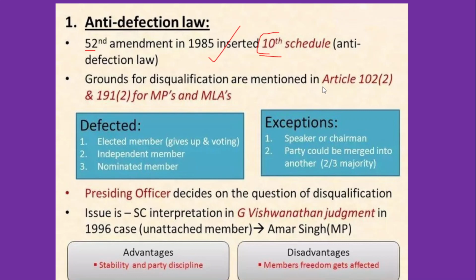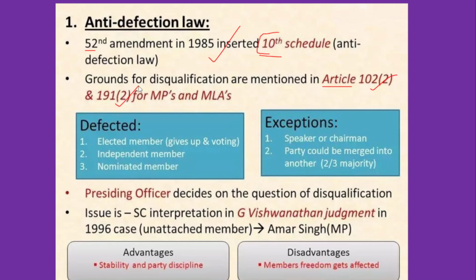The grounds for the disqualification of a Member of Parliament or a member of a state legislature are mentioned in Article 102 clause 2 and Article 191 clause 2 for MPs and MLAs respectively. I hope you already knew about the grounds of disqualification.